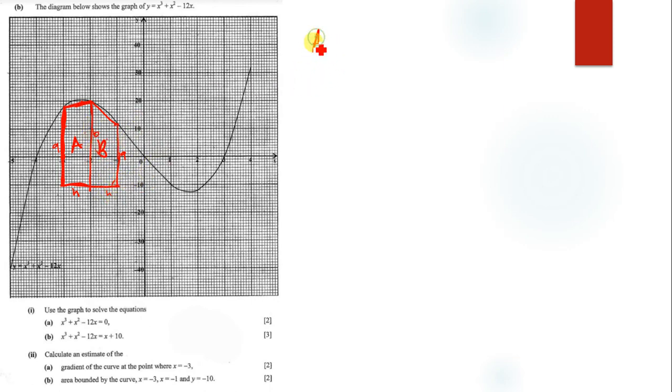So let me say the total area is going to be equal to the area of A plus the area of B. Let me find area A first.